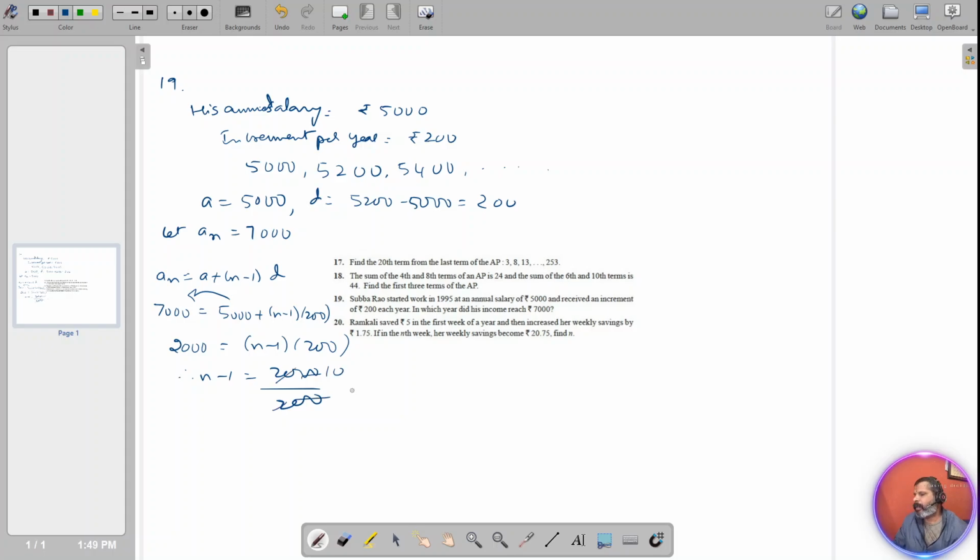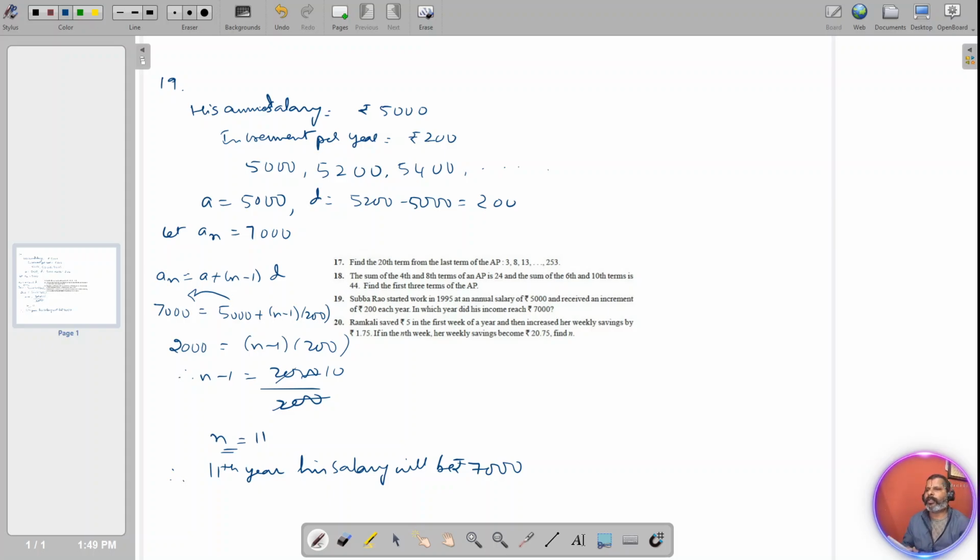N is how much? 10 plus 1, 11. Therefore, in the 11th year his salary will be 7,000 rupees. Understood?